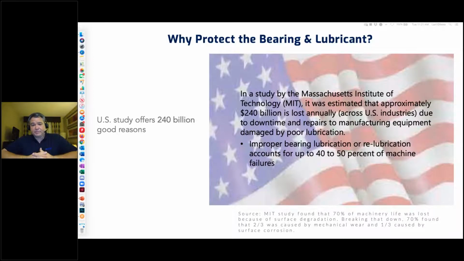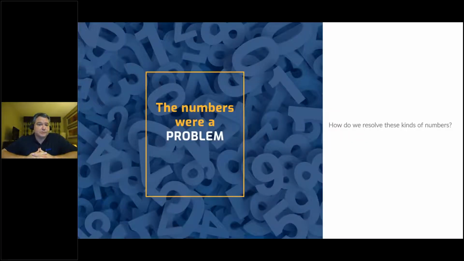They said that 70% of machine failures were due to surface degradation. Breaking that down, they determined mechanical wear to be 2/3 of that, and 1/3 caused by surface corrosion. The interesting thing is mechanical wear and surface corrosion are failure modes that are prevented by the lubricant. So when the lubricant fails, that's the result.